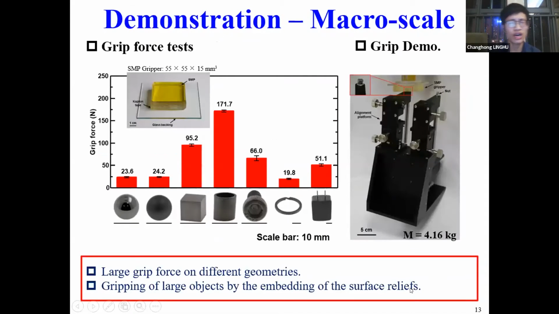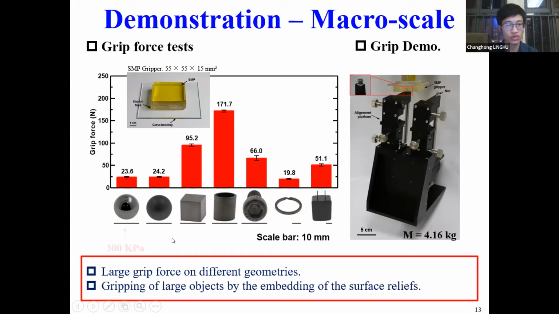Then we carried out pull-out tests to see how much load the gripper can sustain on different macro-scaled geometries. The SMP block can yield very large grip force. For example, the grip force is about 23.6 Newton on a small steel server with a diameter of 10 millimeter.